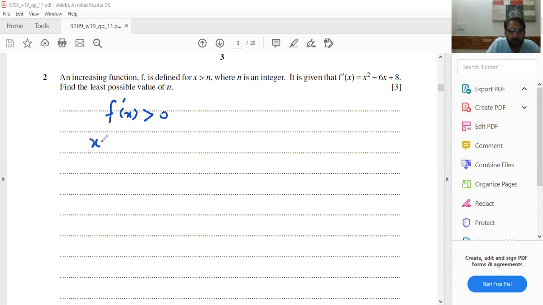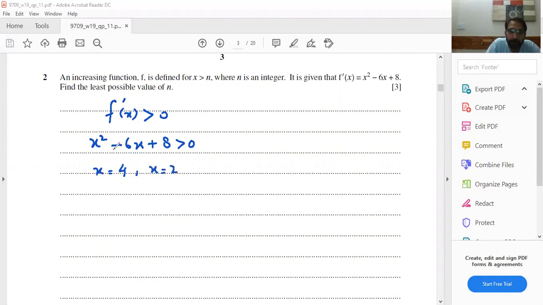So x² − 6x + 8 > 0. Now, if you solve this quadratic equation with the help of the calculator by using mode 5(3), you will exactly get x = 4 and x = 2.